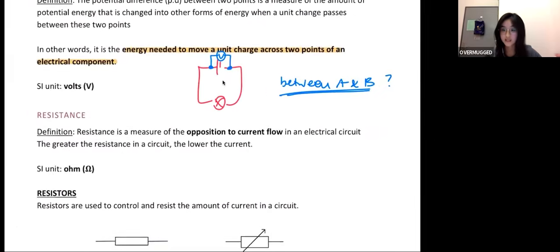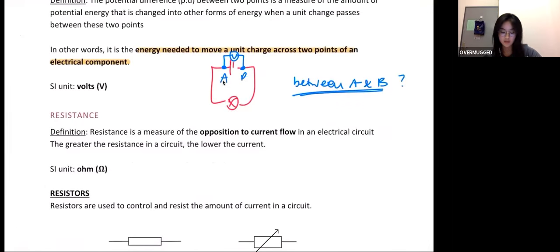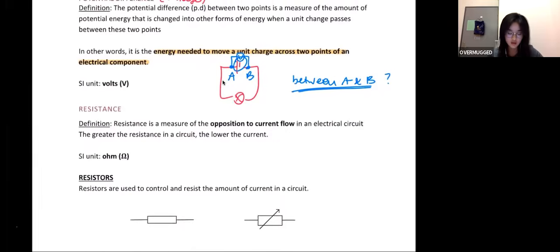This is my point A, this is my point B. What is it between point A and point B? As you can see, it is your power source. So they're asking you, what is the total potential difference of this circuit? What is the voltage or potential difference of the power source?